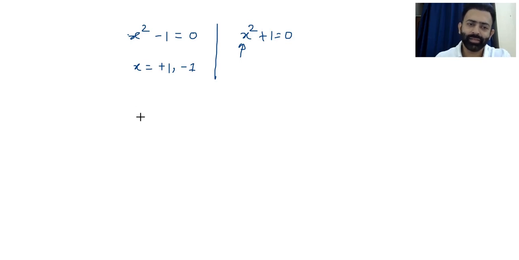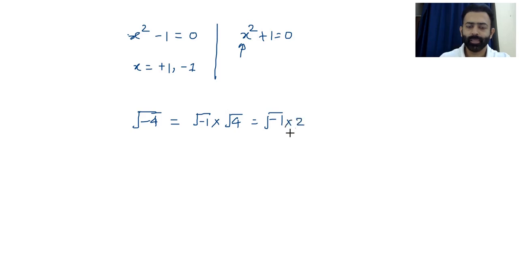Meaning, if I say you have under root of minus 4, as far as real numbers are concerned, you won't have any solution for this. But if I break this into under root of minus 1 and under root of 4, the under root of 4 is of course real, and its value is 2. So it is under root of minus 1 into 2.